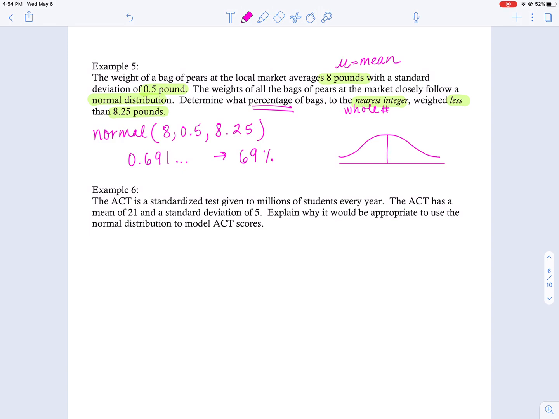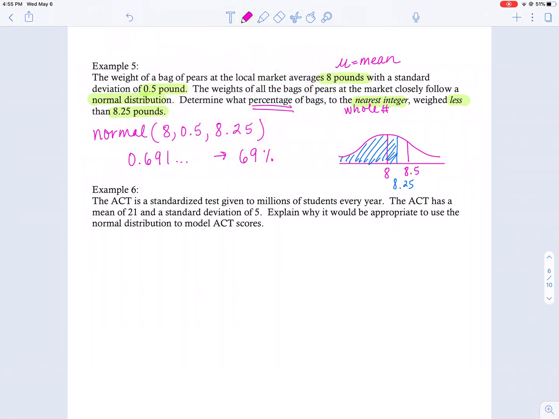I know my mean is 8, and one standard deviation is obviously 8.5. So this line right here, right in the middle, 8.25. Okay, it was everything below that.